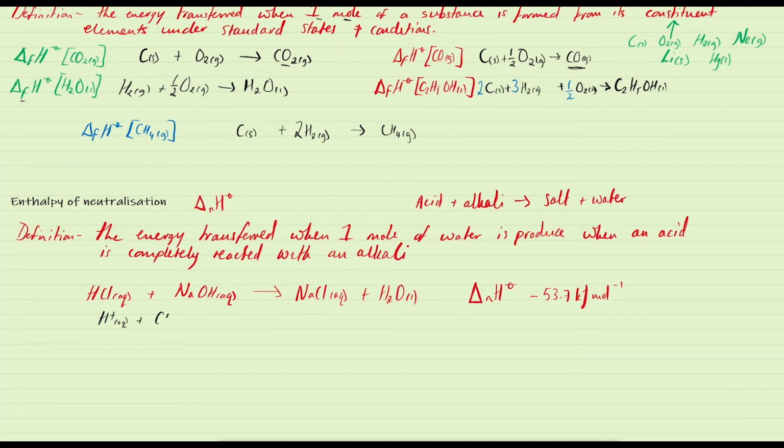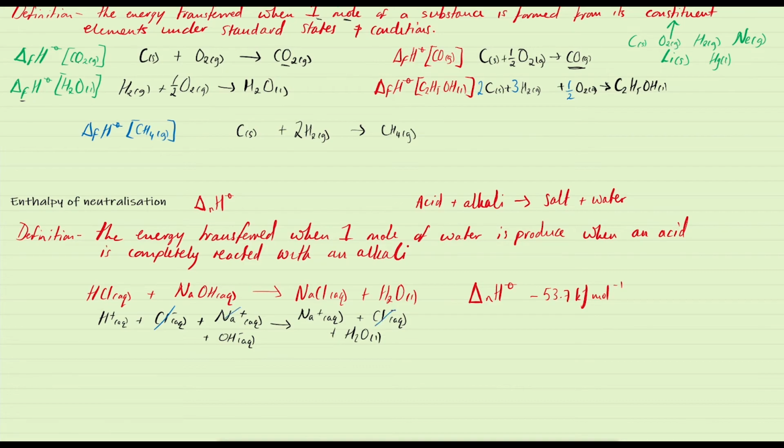Cl- aqueous plus Na+ aqueous. I'm just going to continue underneath. Hydroxide ions, aqueous, gives you Na+ aqueous plus Cl- aqueous plus H2O liquid. Now we remove the spectator ions. Spectator ions are chloride because they have neither changed oxidation number or state.